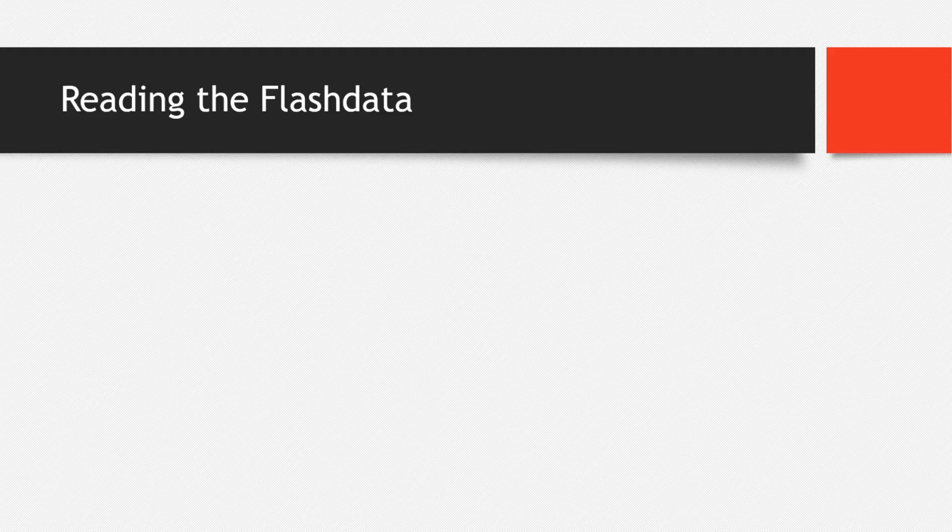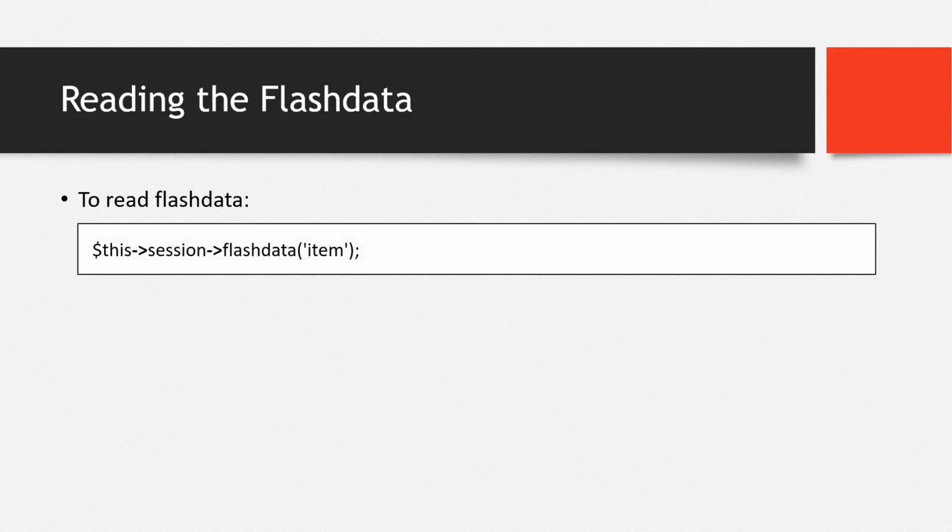Now, once magawa na natin yung pag-add, we are going now to read the Flashdata. So to read Flashdata, ganito naman. This session, Flashdata lang. Wala nang set. Flashdata, then the item. So ano yung item? Yung item na naset natin kanina, o di kaya yung index na ilalagay natin. Okay?